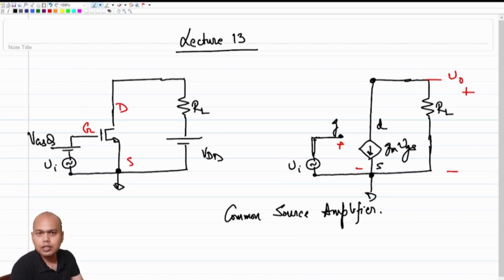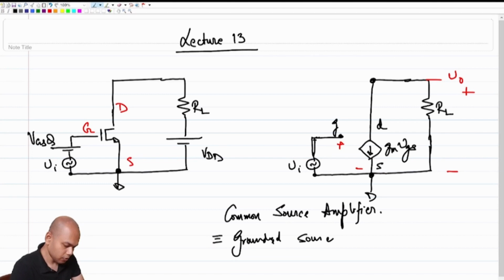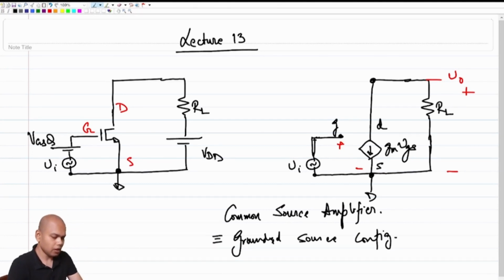So at the back of your mind, you can replace common with grounded source. You can say that this is almost equivalent to saying you have a grounded source configuration. Okay.